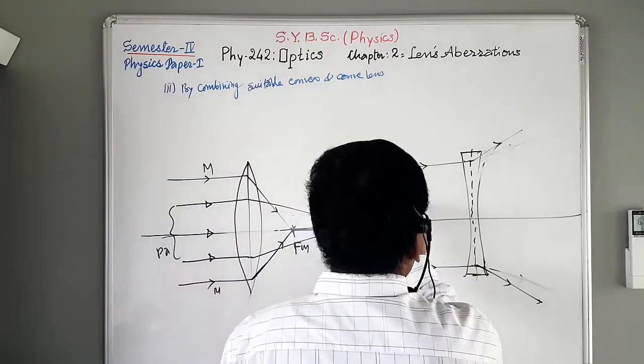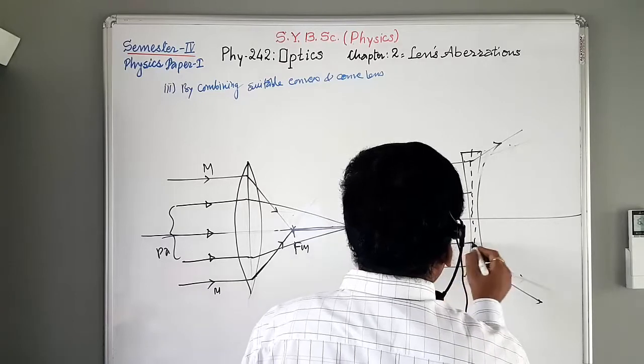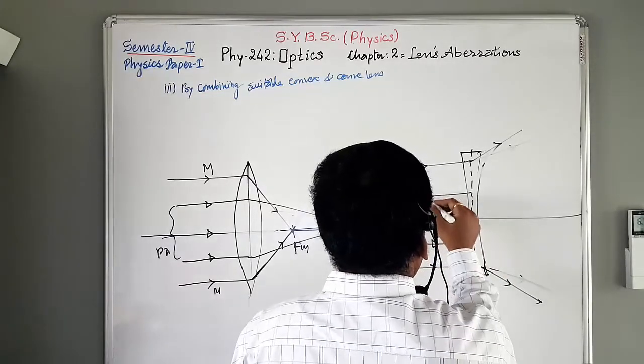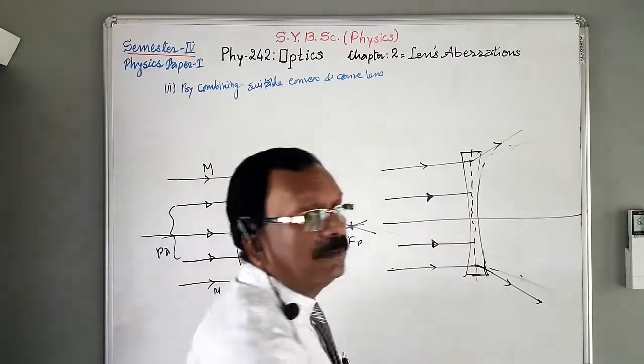But when we consider paraxial rays like this, these are the paraxial rays shown by a different type of arrow.